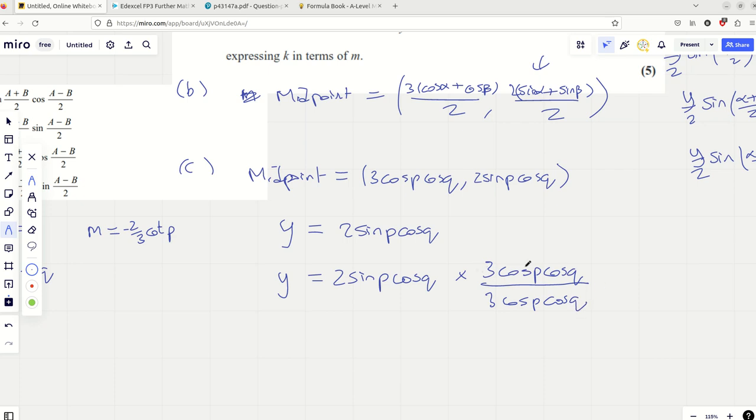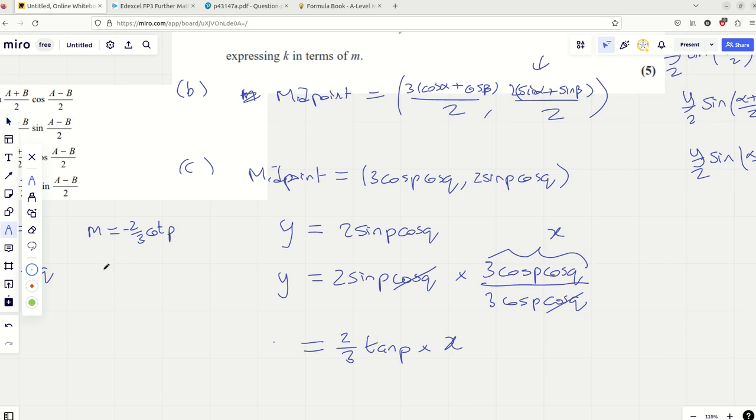Now I'm not going to do anything to the top because I want an x still hanging around, but I will cancel that cos q with that cos q, and I will rewrite this therefore as 2/3 sine p over cos p, which is tan p, times x, because all of that is x. Remember, I rewrote x as that.